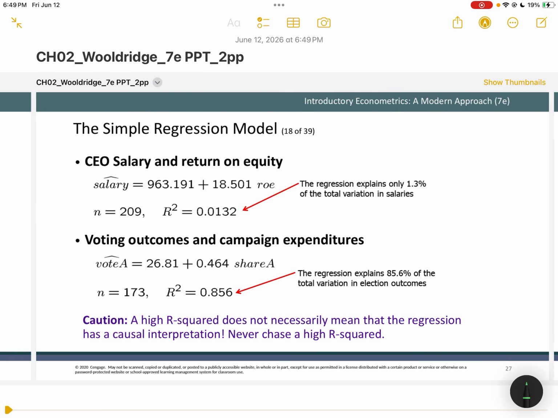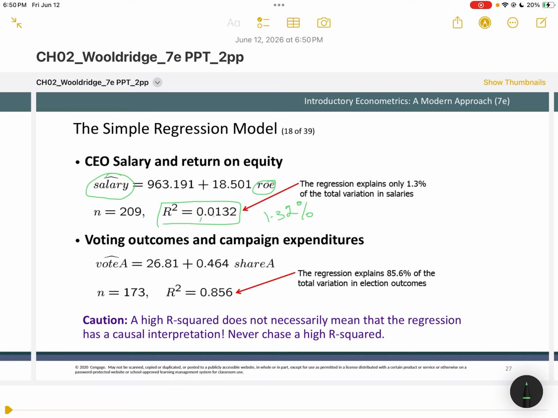Here's an example. We have CEO salary and return on equity. So our return on equity is our explanatory variable, and salary is our response variable. After running this through the software, we get an R squared that looks like so. Here the R squared is 1.332%.